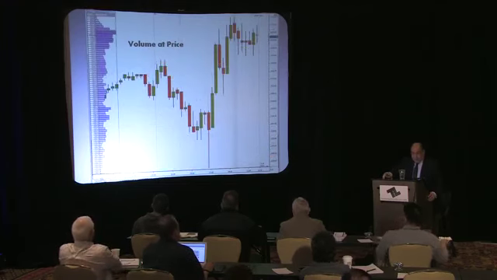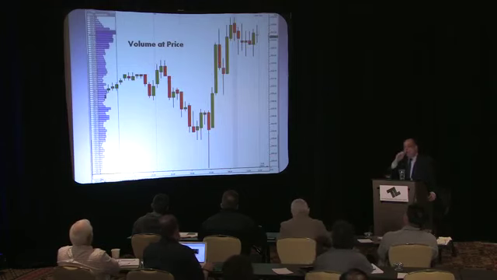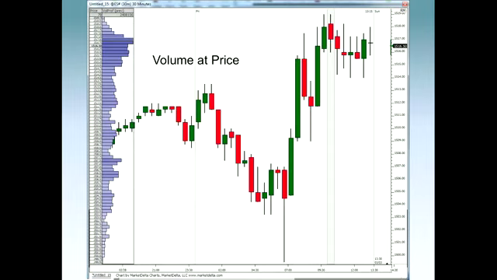at how we can now put the indicator known as volume at price on a candlestick chart. So now I am doing what is known as integration. I am integrating the profile into my candlestick chart.